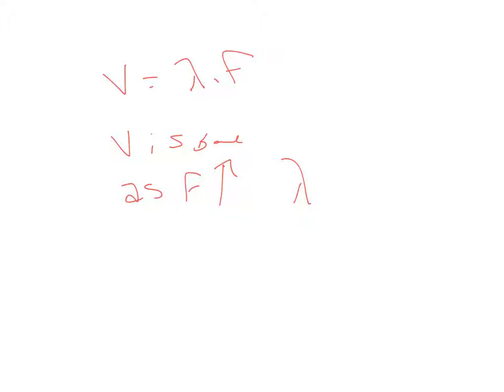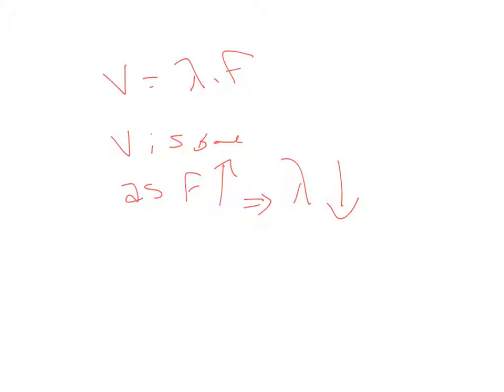Okay. Again, it says why, based on the equation v is equal to lambda times f. Makes sense? We said if v is constant, v is the same, as frequency increases, wavelength decreases.